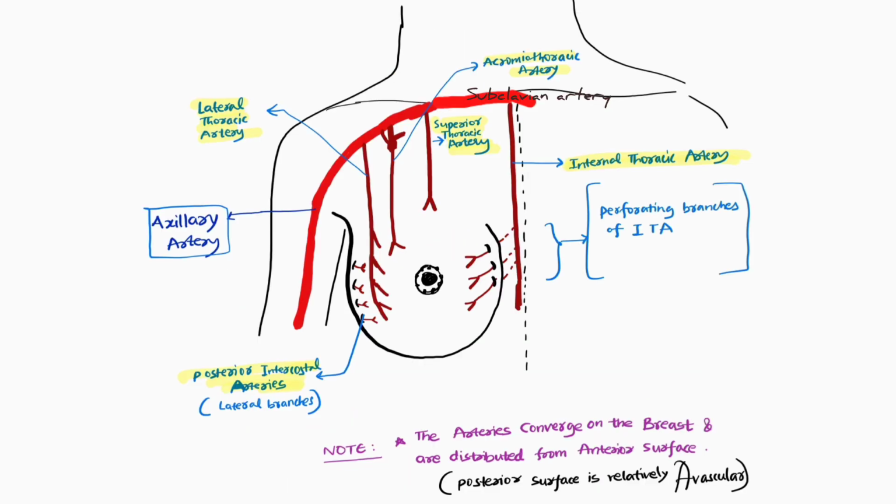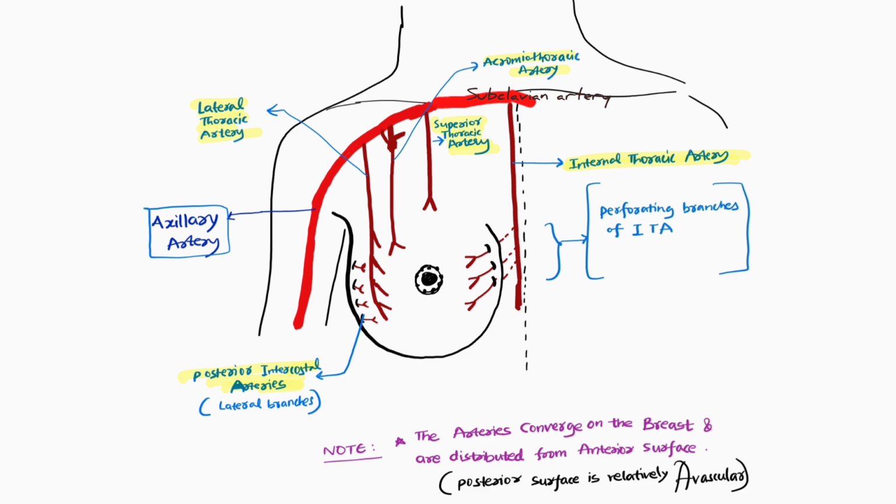Guys, you can see the arteries in this diagram. See the subclavian artery, which has the internal thoracic artery, the straight branch from the midline, and the perforating branches of the internal thoracic artery piercing the breast. You can see the axillary artery there.